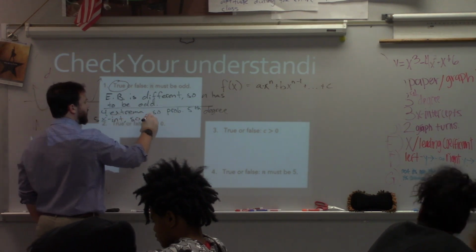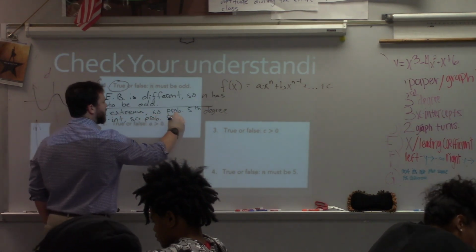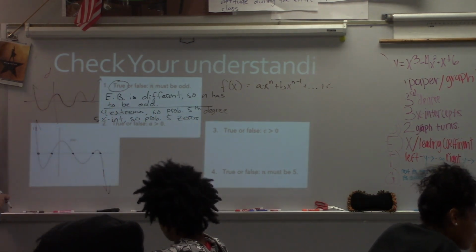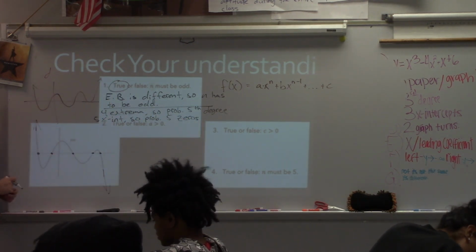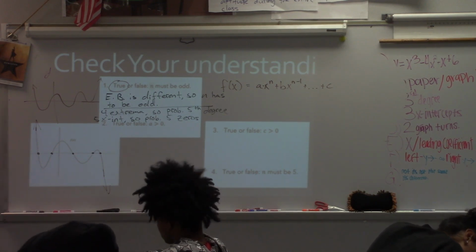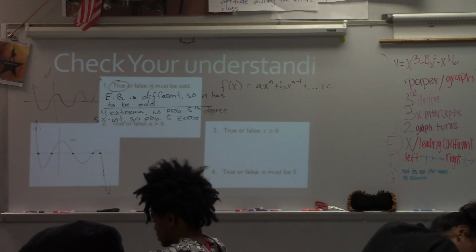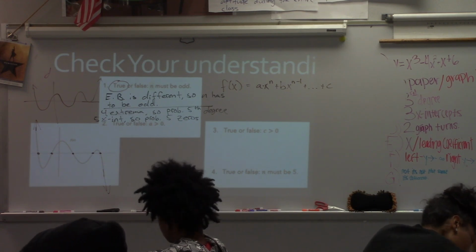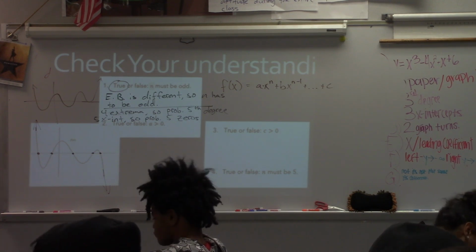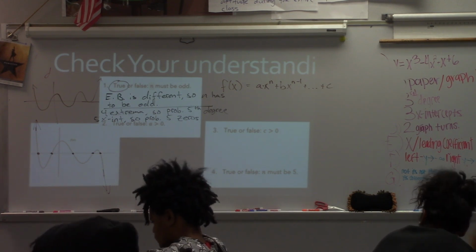So, probably 5 zeros. Right, there's no double roots or anything else like that. But that is something we would want to notice: the degree is the maximum number of x-intercepts, right? That is a small detail we need to be careful about. The degree is the maximum number of x-intercepts.